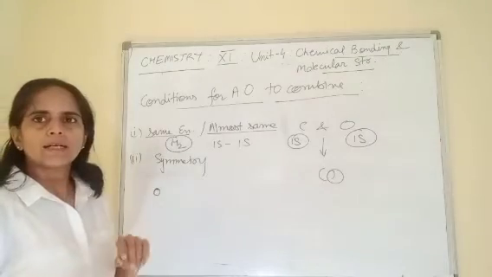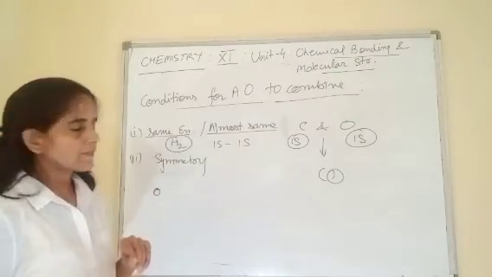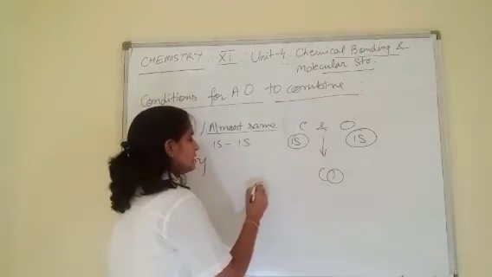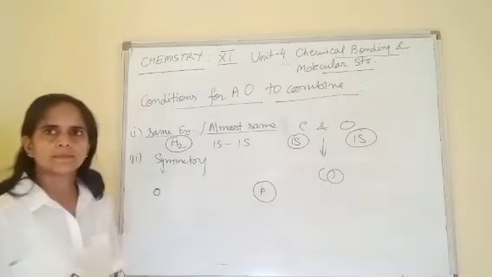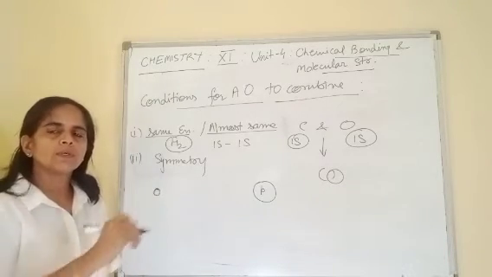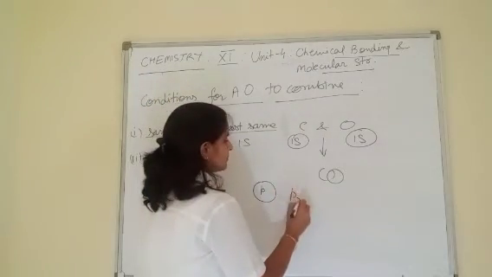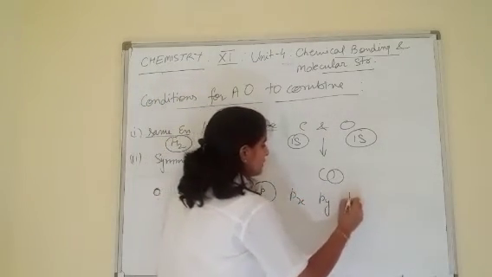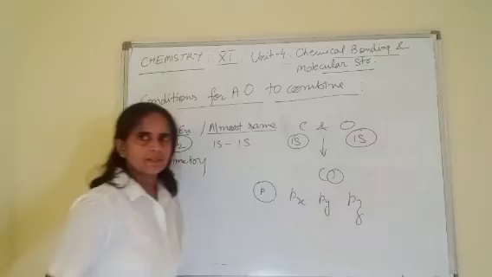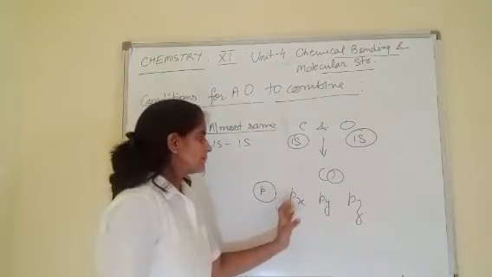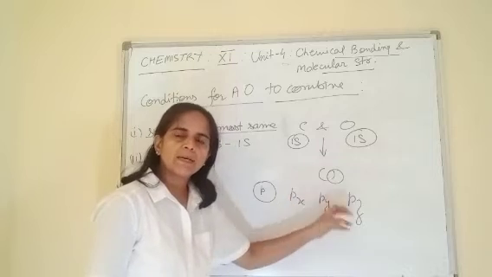Now we will be talking about their shapes. In the p atomic orbital, you know we have three orbitals: px, py and pz. Now children, can px combine with py?